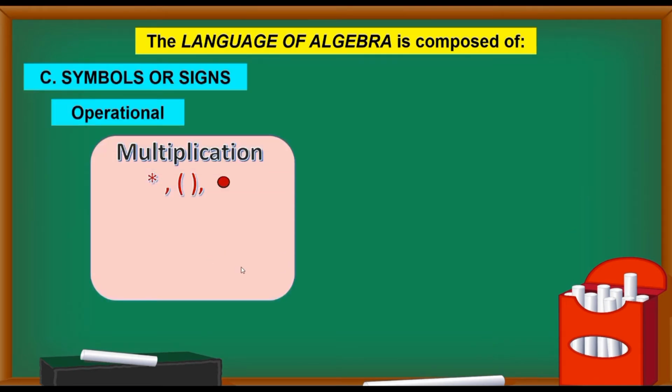So, sa multiplication. So, nung nakaraan, kung tayo ay gumagamit ng multiplication symbol na x, ngayon, since ang pinag-aaralan po natin ay algebra, hindi na po tayo gagamit ng x kasi pwede tayong malito kung ito ba ay operational or symbol.